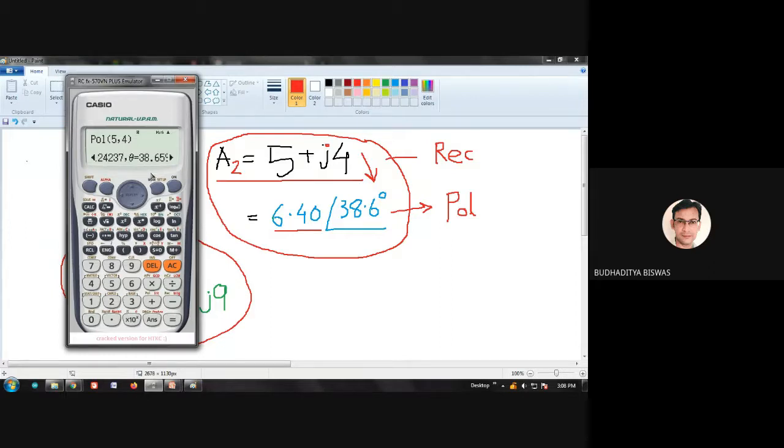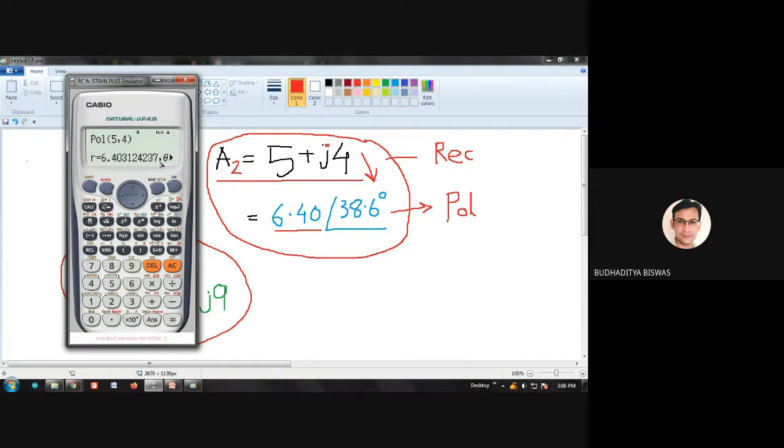But in the lower model, you will not get this. What you do is, if you write POL 5, 4, you will get the value of R when you press the equal to sign. Then you need to press recall, in that old model, then tan. Then you get the theta value.